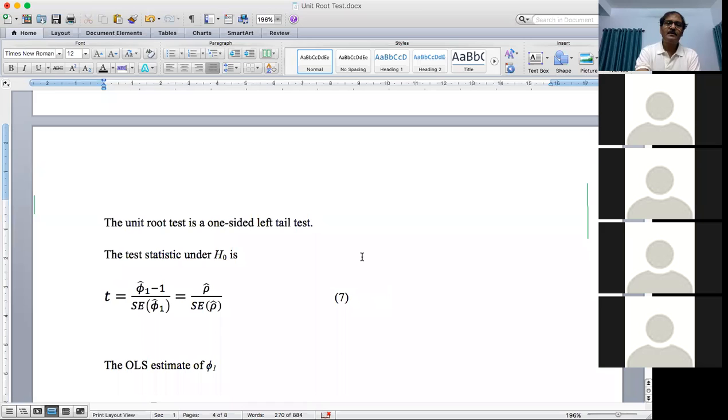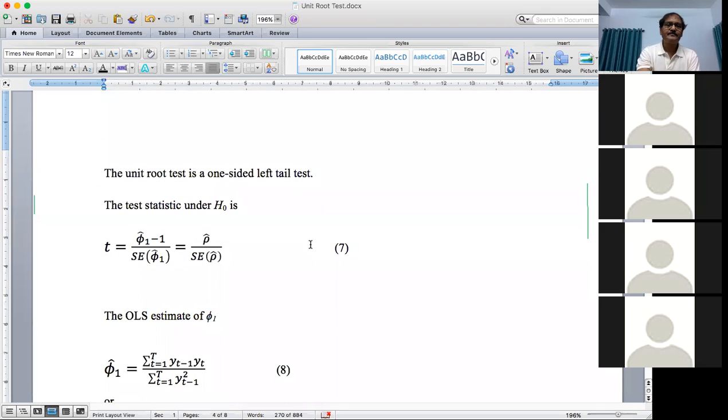So you have to estimate either equation 1, 2 or 3, or alternatively 4, 5 or 6, by applying OLS. And suppose phi 1 hat is the estimated value.